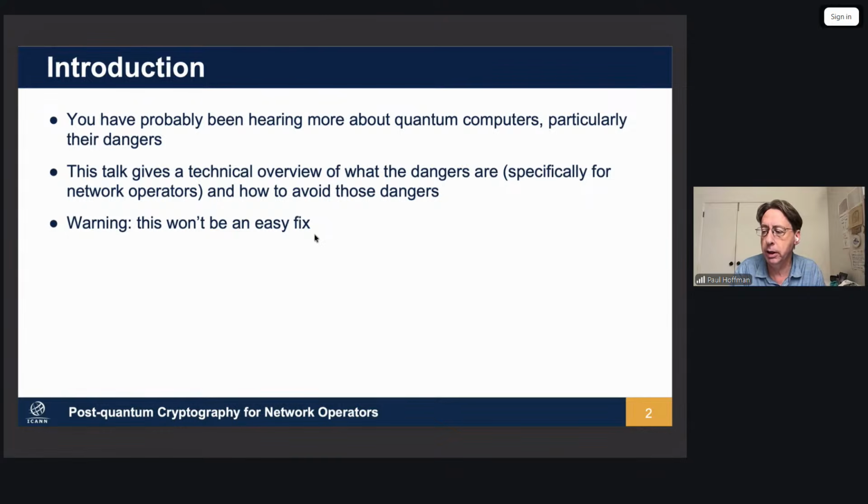Presentations like this usually start off, here's a few problems that you might see, and here's how you solve them. And I want to be really clear up front that how you solve them will not necessarily be easy. It's not that it is so hard, but you are relying on other people, your vendors basically, to be doing the fixes for you.